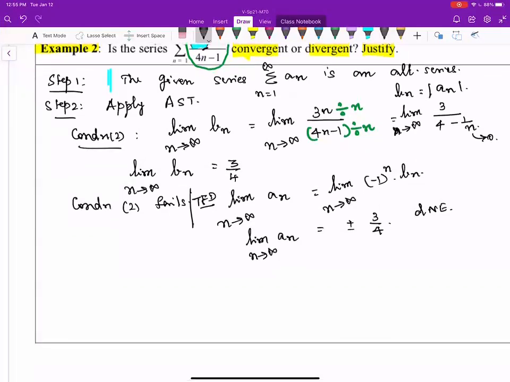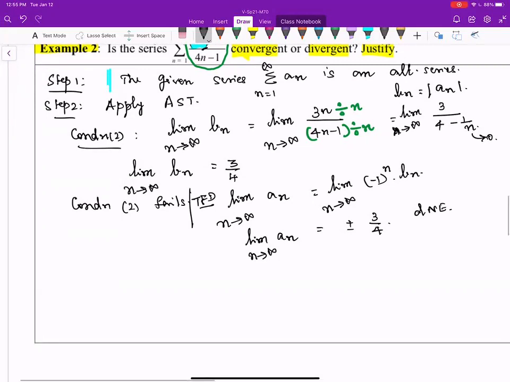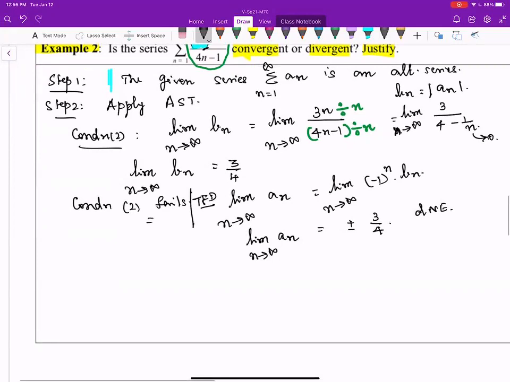Therefore, you can either use the alternating series test, which says that since condition 2 fails, this series is not convergent, or, because of the second condition failing, you can also say that the test for divergence says that the limit does not exist. If it was not equal to 0, then you can conclude that it is divergent.